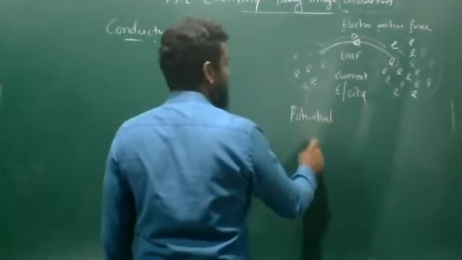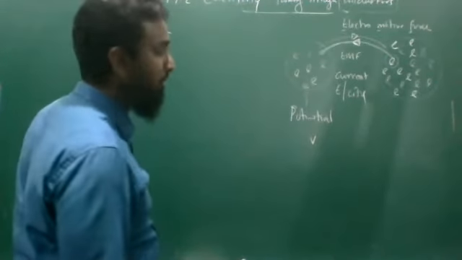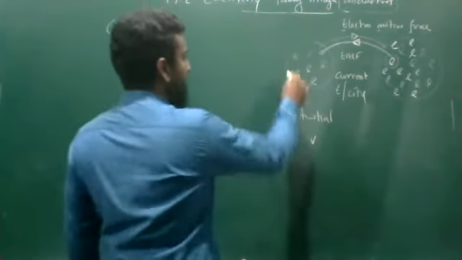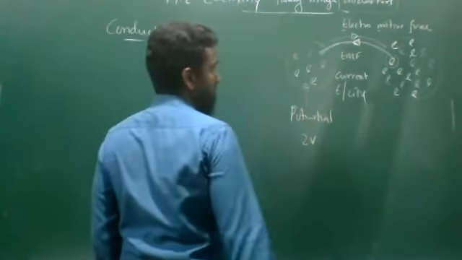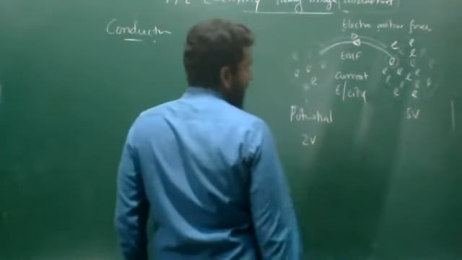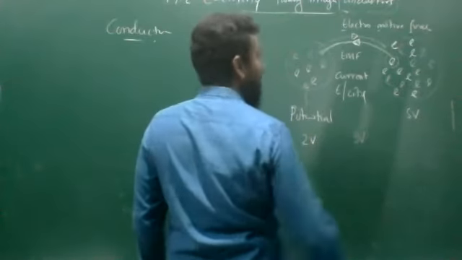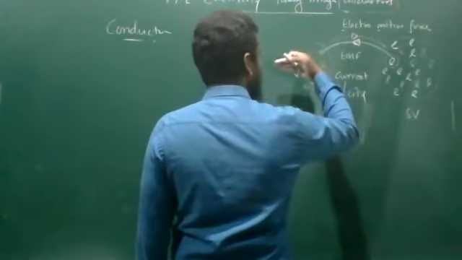Normally the potential is measured in volts. I am saying here you have 2 volts and here you have 5 volts. Now what is the potential difference? 3 volts. Because of the potential difference, the electron is moving.